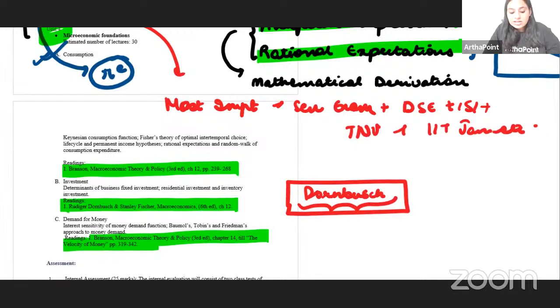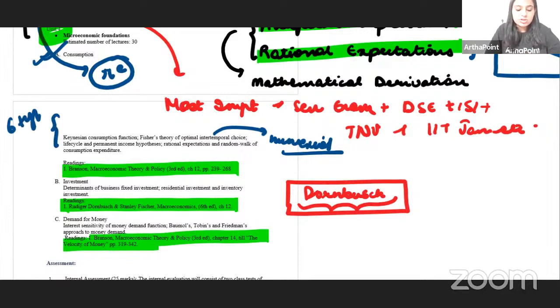So we want to understand what are the different consumption theories. For example, what is permanent income hypothesis? What is intertemporal? This comes as a numerical. What is intertemporal hypothesis? What is rational expectation? What is random walk? So we'll do 6 types of consumption hypothesis here.